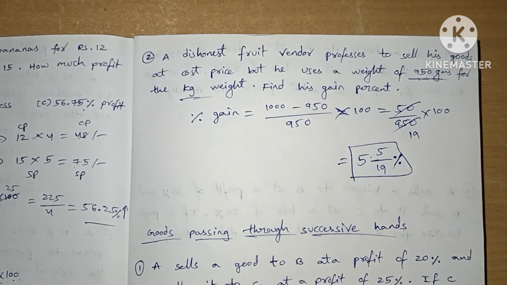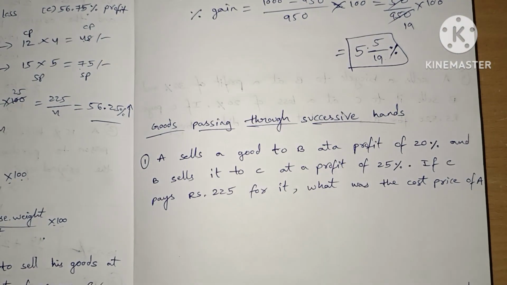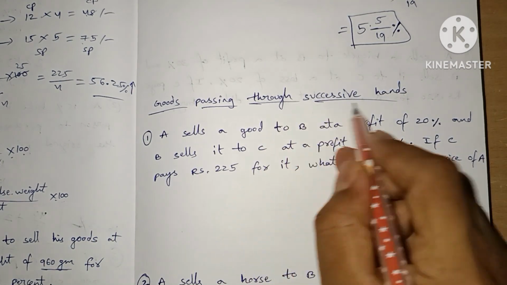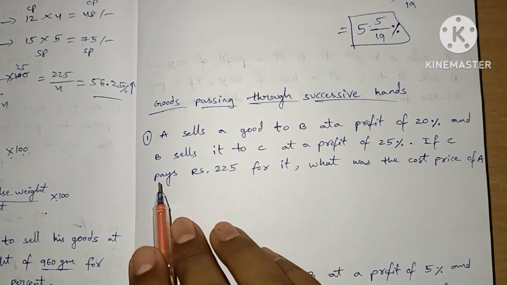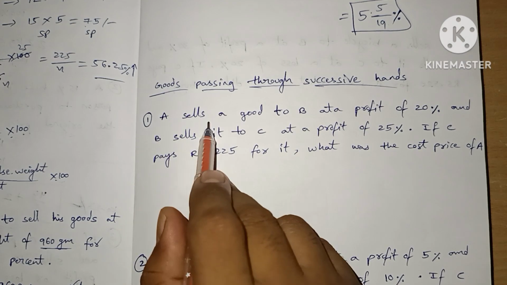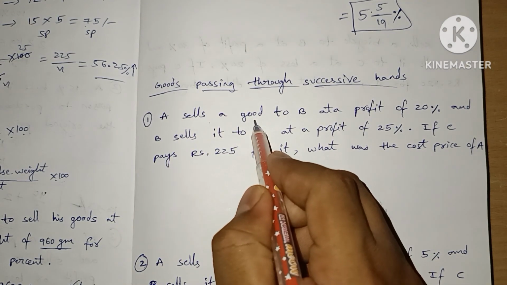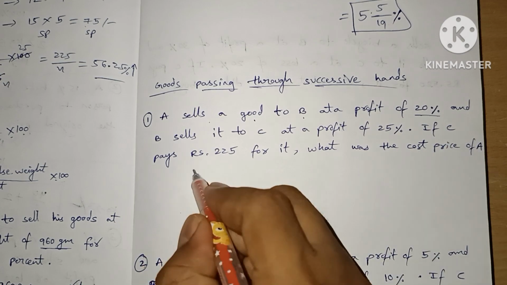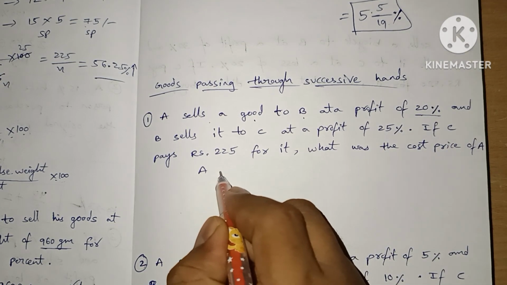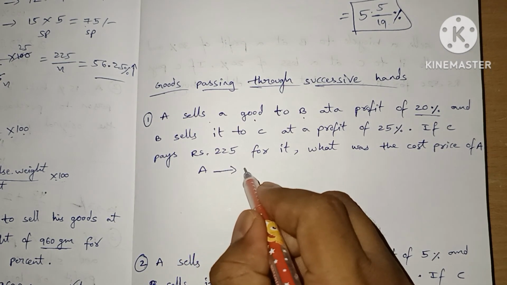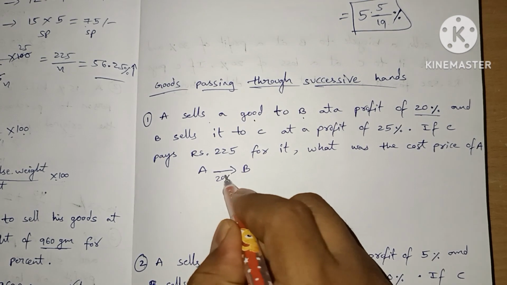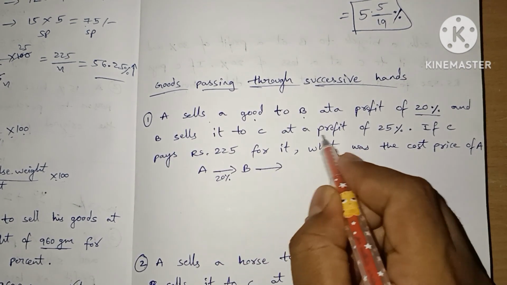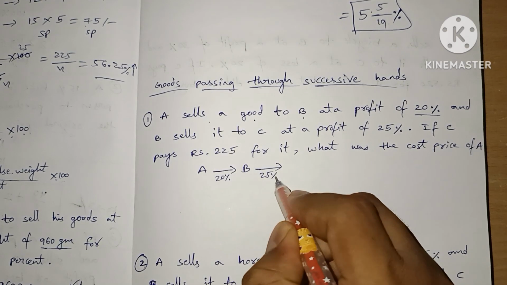Okay, let's see one more concept in this profit and loss: goods passing through successive hands. Let's see with the question. A sells a good or a toy to B at a profit of 20%, and B sells it to C at a profit of 25%.